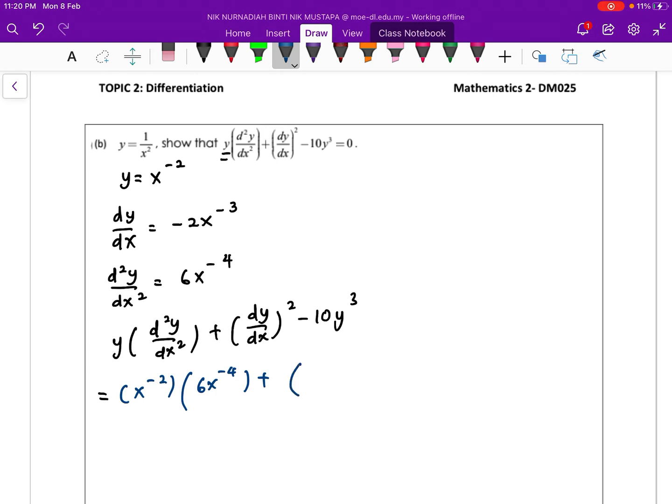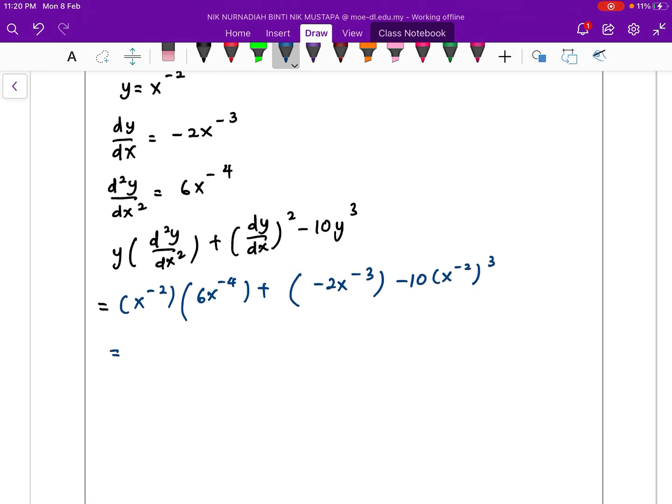Okay, our dy dx you need to square. So, negative 2x to the power of negative 3 minus 10y. Our y is x to the power of negative 2, and then we have 3.